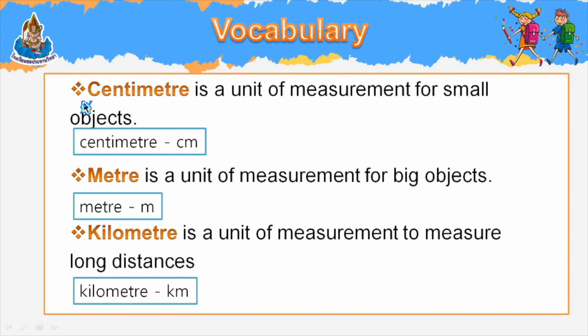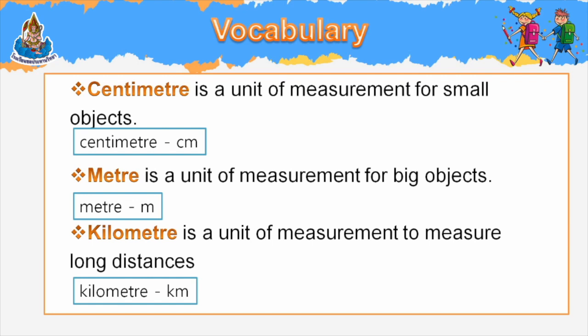We have here centimeter. Let's all read. Centimeter is a unit of measurement for small objects. Small objects such as a coin or your bill, the money, your pencil, your pen, your eraser, the scissors.